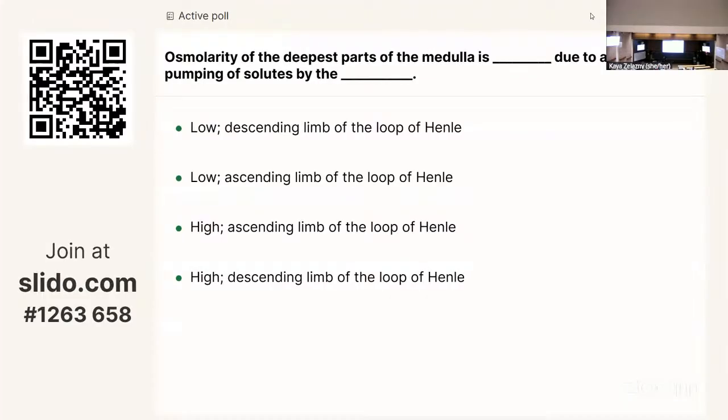Okay. So just to recap, as we were thinking about that osmolarity, so we go deep into the kidney.